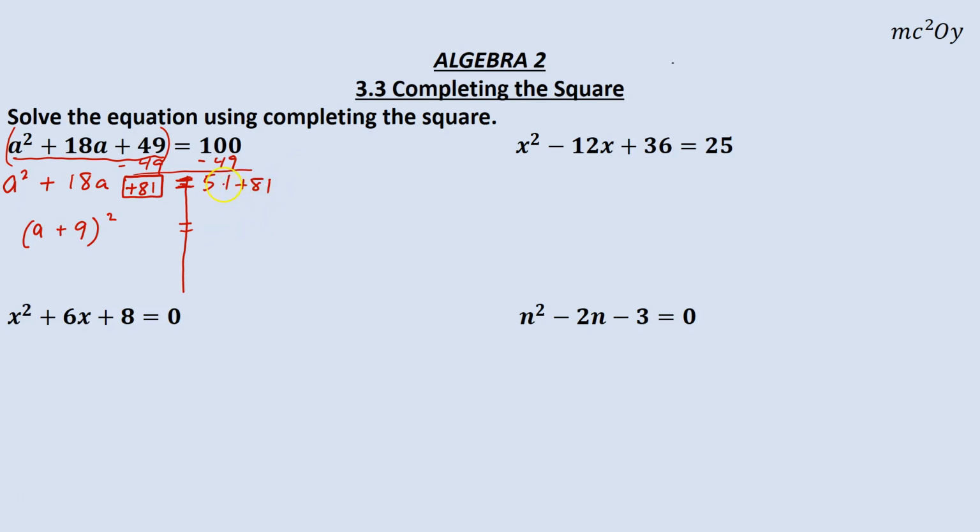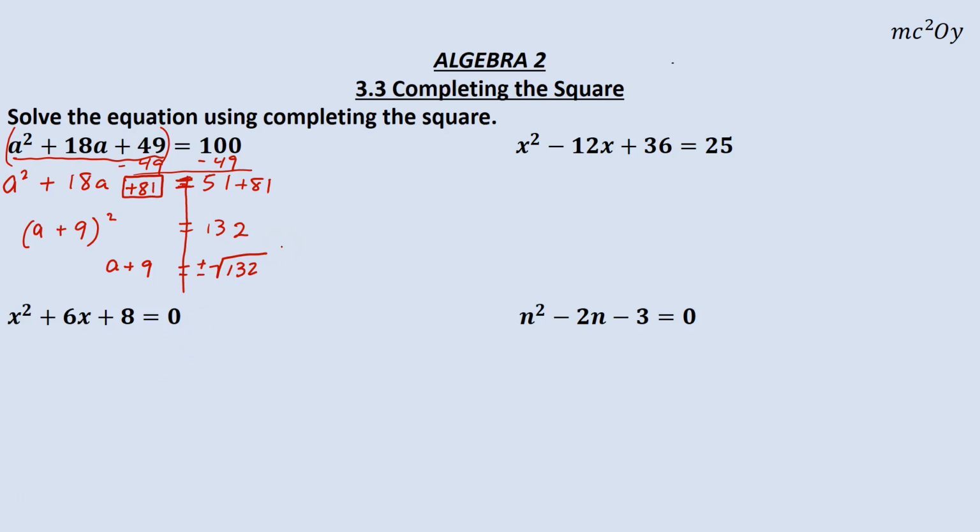Well, 51 plus 81, 50 and 80 is 130, and 1 plus 1 is 2, so that would be 132. So from there, I can then take the square root of both sides. So I'd have a plus 9 is equal to plus minus the square root of 132.